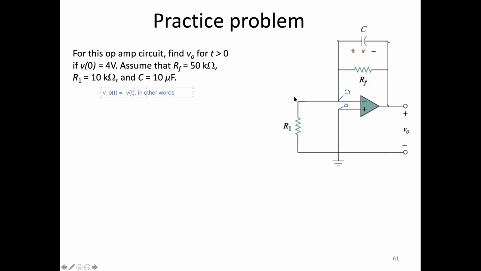Notice that the two nodes the capacitor is connected to are ground and the output. And V naught is connected between the output and the ground. So they're the same connections, just opposite polarity. And therefore we have this relationship. So make sure you understand that.